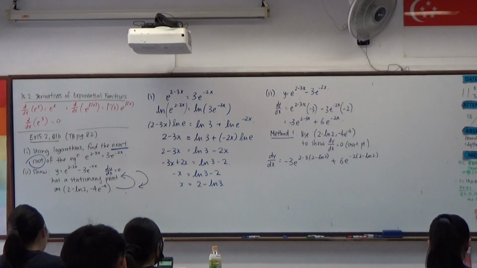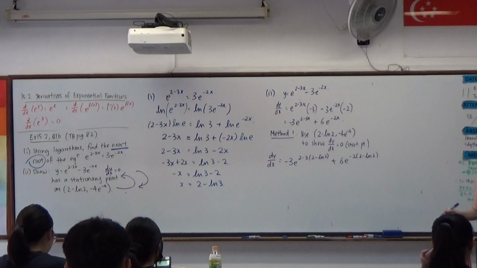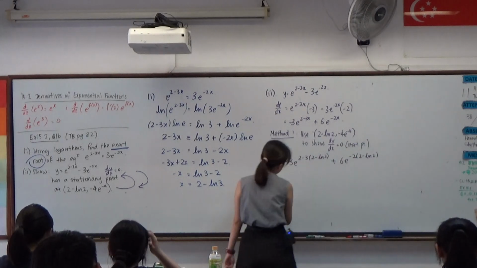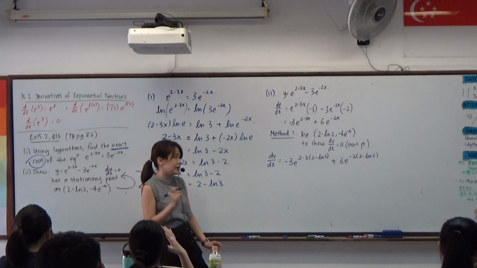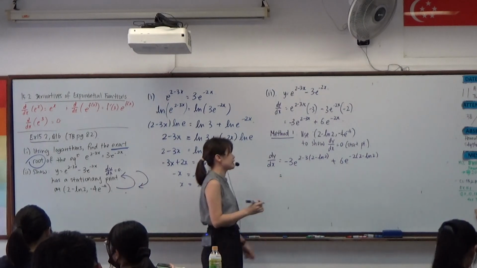It's a little unconventional question. I only just realized that yes, maybe you can press the calculator and get 0, but I want us to practice our manipulation, since this is also a show question.